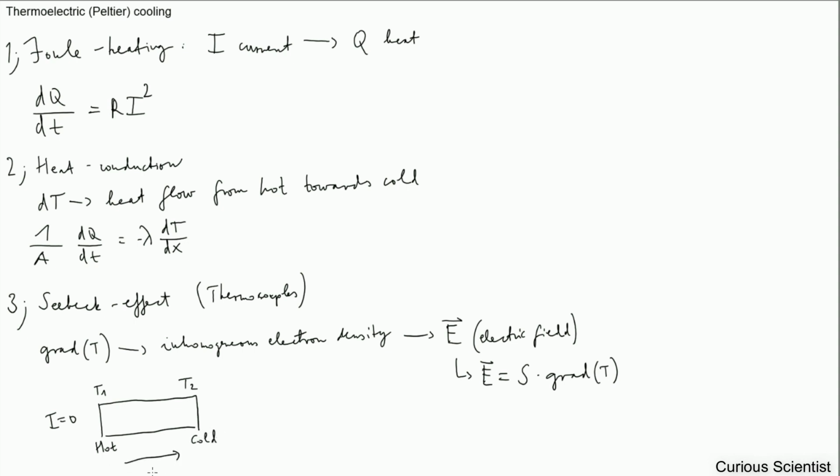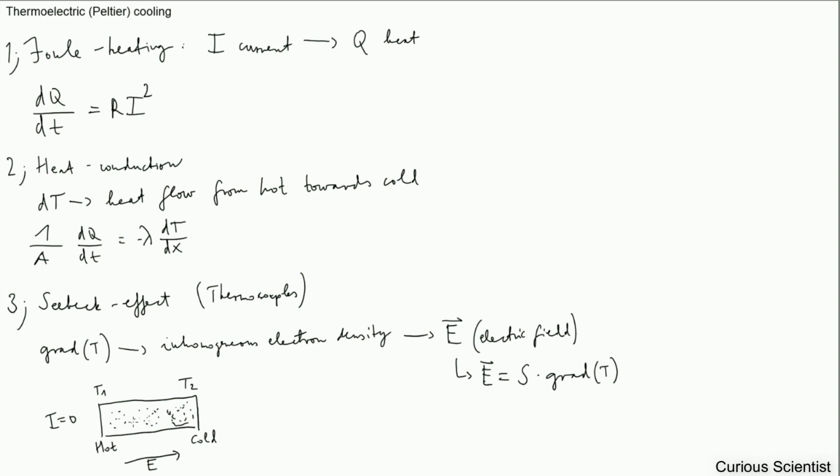Therefore you will have a field like this. You have just a few electrons here. I mean, it's not the reality, not this few, but you can understand. And you have more and more, denser and denser, so the density increases in this direction.